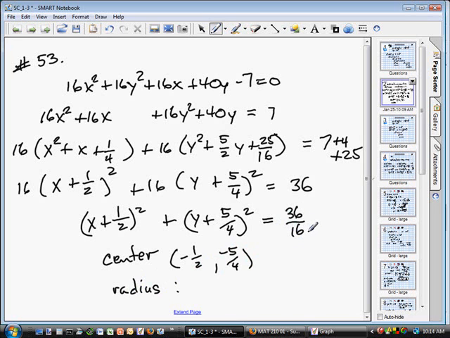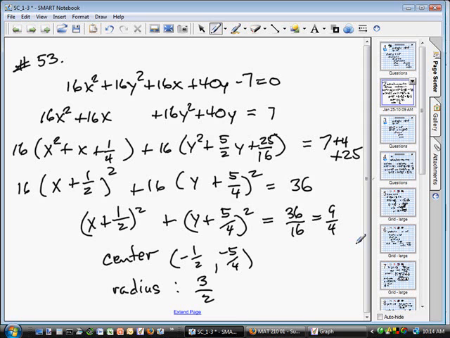So that would be 6/4, which is 3/2. I guess I could have just reduced this here too, couldn't I? Still could take the square root of it. So I think that was the object of the problem: get the center. Completing the square twice allows you to do that.